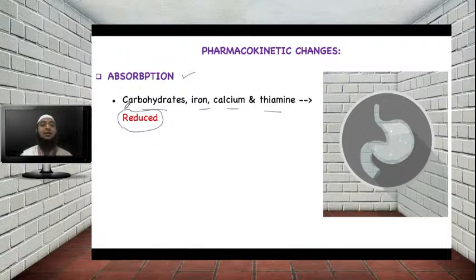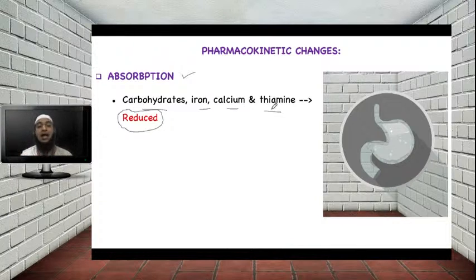So as a pharmacist, you know that for a patient of advanced age, if polar drugs are prescribed, such as carbohydrates, or iron, calcium preparations or vitamins like thiamine, then you need to slightly increase the dose of these preparations in order to produce the desired peak plasma concentration or desired minimum effective concentration in the body and to increase therapeutic outcome.